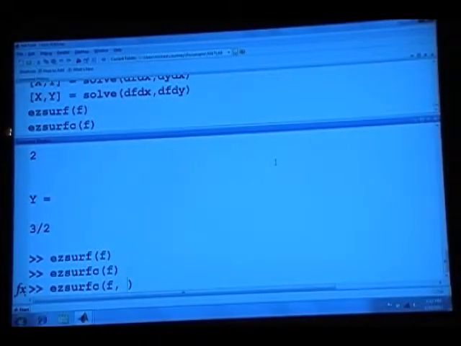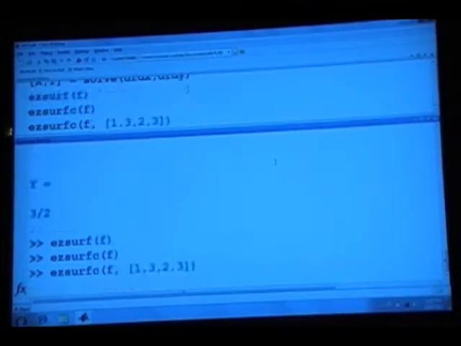And we're expecting the minimum at 2, 3/2. So why don't we make our x range maybe from 1 to 3, and our y range maybe from 2 to 3.